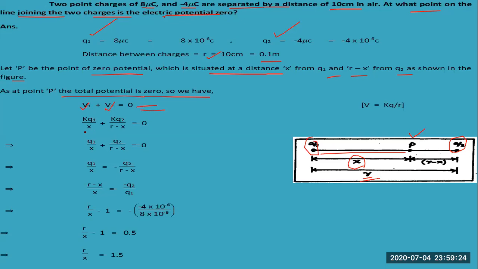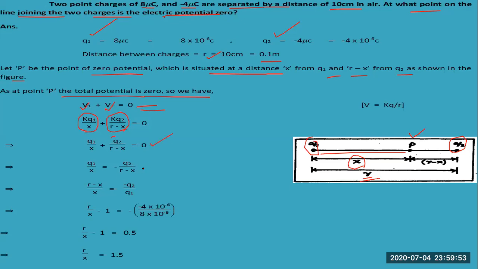So you are calculating the potential at distance x, and the potential at distance r minus x. If this one is the total r, this one is x, then this one will be r minus x. Then it is equal to 0.